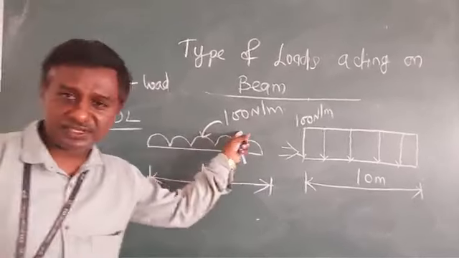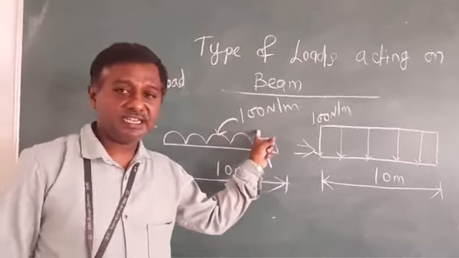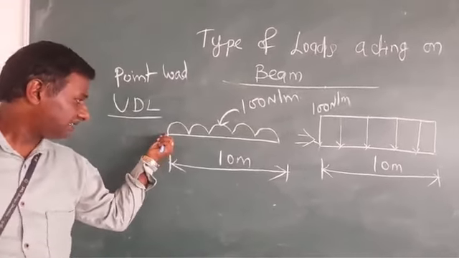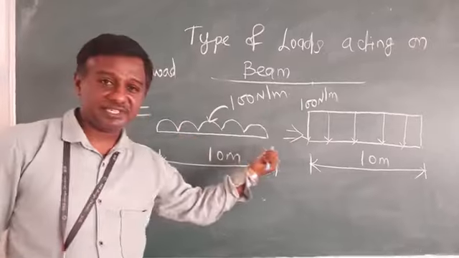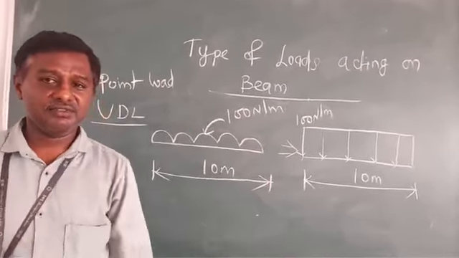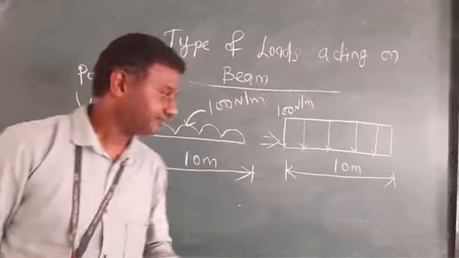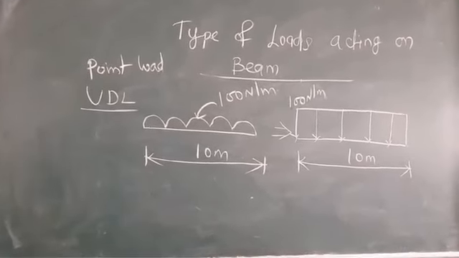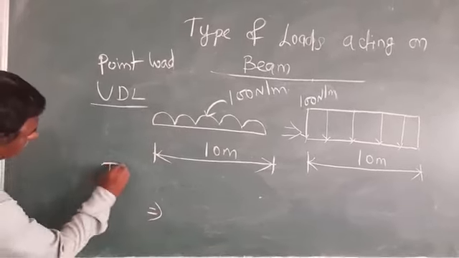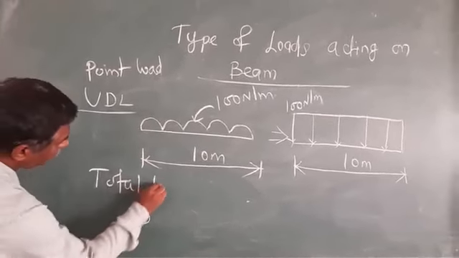Let's take 100 Newton per meter as known, and where the load is active: for 10 meter, it acts from this point to this point, or 0 to 10 meter. So those things we are going to discuss here. For the uniformly distributed load, we have to get the total load. How to find it?